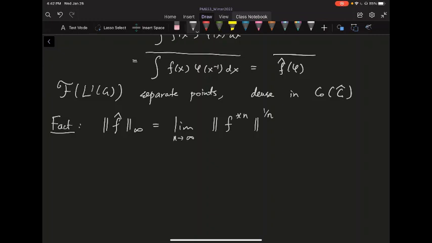It turns out the infinity norm is equal to this limit. Of course, on the right-hand side, when you have an L1 function and you convolve it n times, you still have an L1 function, so you take its one norm. This formula is sometimes called the spectral radius formula. I'm not going to cover this in this course, but it's a really important formula when you talk about the Gelfand theory.